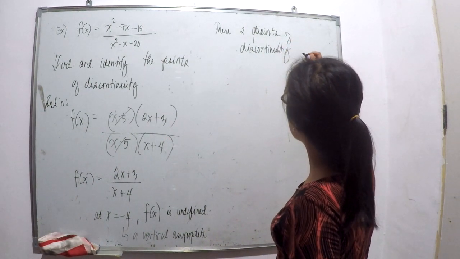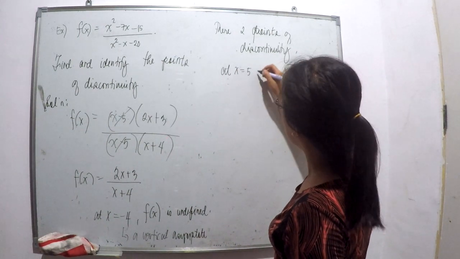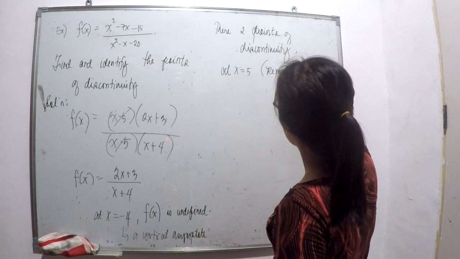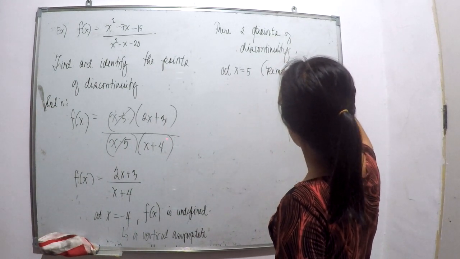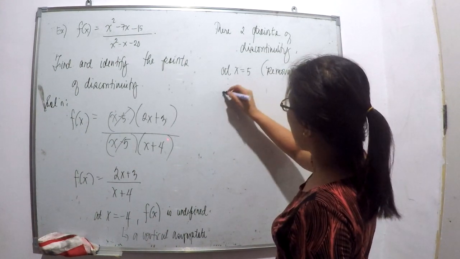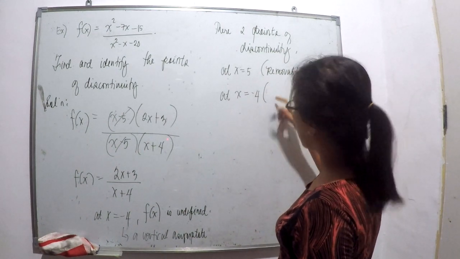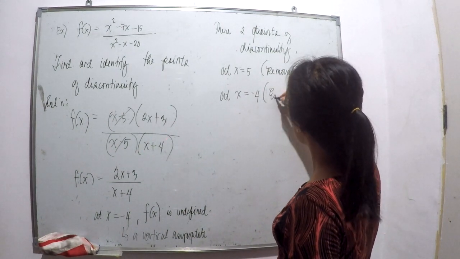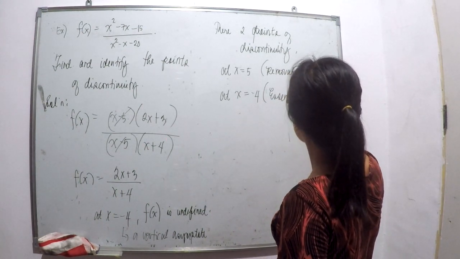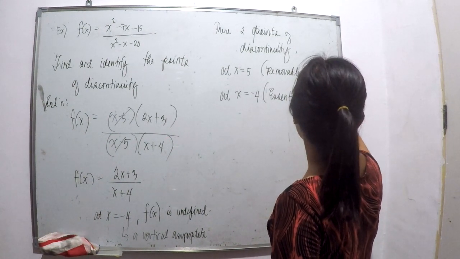Two points of discontinuity: at x equal to 5, the type of discontinuity is a removable discontinuity. At x equal to negative 4, the type of discontinuity is an essential discontinuity.